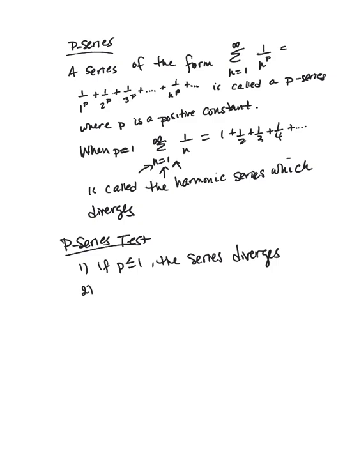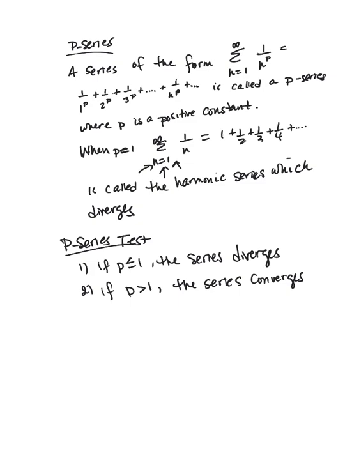Okay, 2. If p is greater than 1, the series converges. Okay, what it converges to, we don't know. Okay, so we can't find its sum.